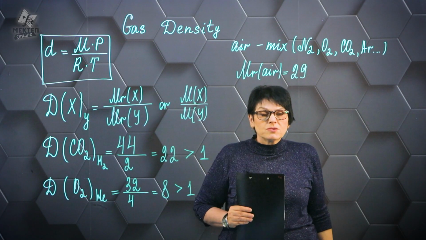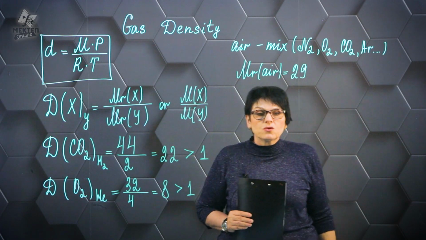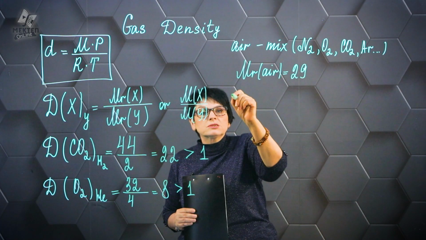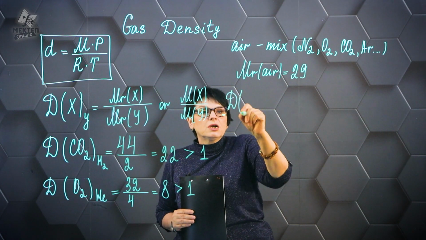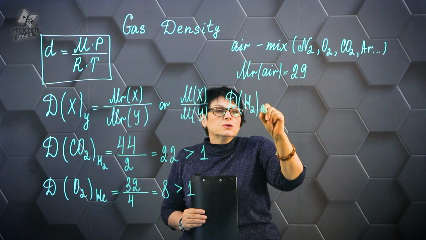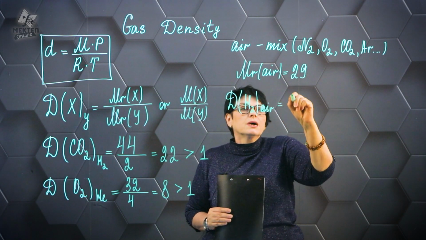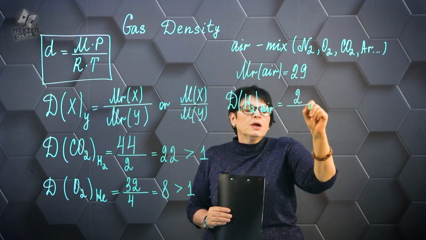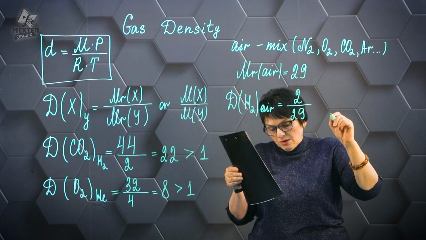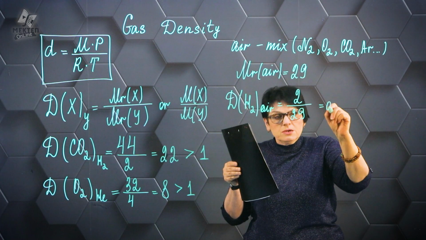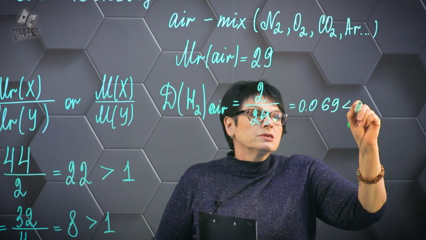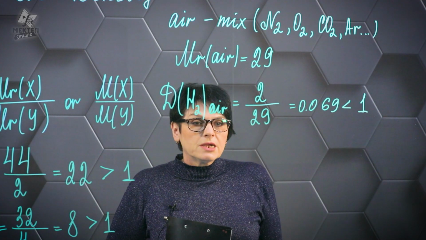Let's calculate the density of hydrogen gas in relation to air. Hydrogen weighs 2, the air weighs 29, in which case we have a value of 0.069. As we understand, the density is less than 1, so hydrogen is lighter than air.